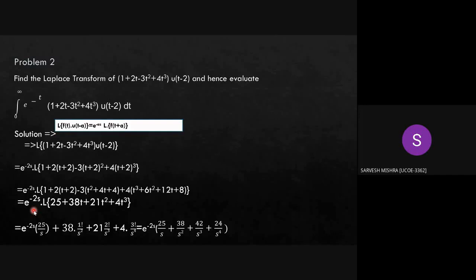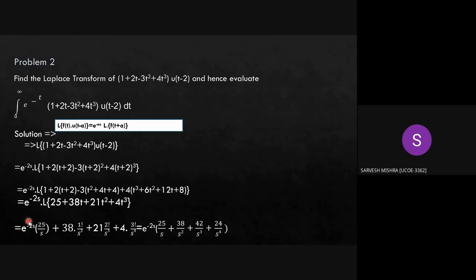By adding them, we find e raised to minus 2s Laplace transform of 25 plus 38t plus 21t square plus 4t cube. In this step, we will be using our Laplace formulas: Laplace of k is equal to k by s, and Laplace of t raised to n is equal to n factorial upon s raised to n plus 1.